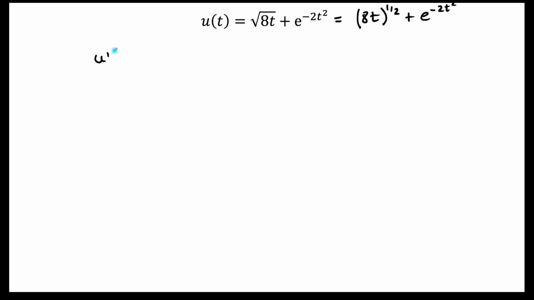Now, to differentiate this, let's go ahead and do that. I'll differentiate the outer part of the first portion using the chain rule.